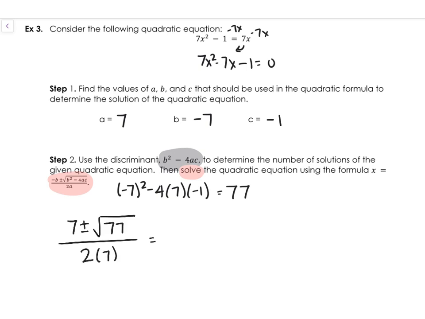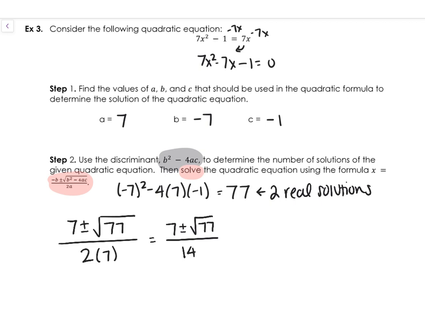Go through and multiply the bottom, gives you 14. 7 plus or minus the square root of 77. Doesn't reduce because it's just 7 times 11. So that is your final answer. Also, we should mention up here with the discriminant that was 2 real solutions.